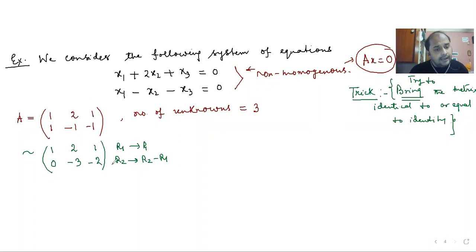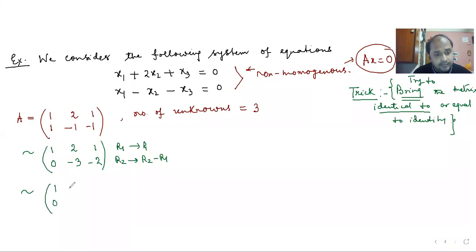Since I'm dealing with a rectangular matrix, it will not be a perfect identity, so I have written identical to the identity matrix, or equal to identity in the case of a square matrix.